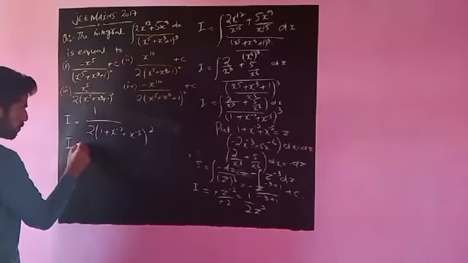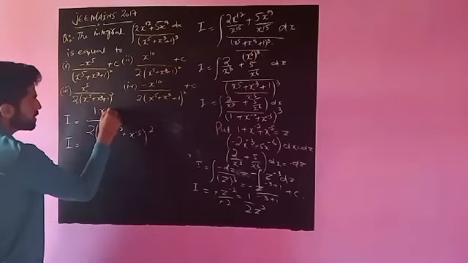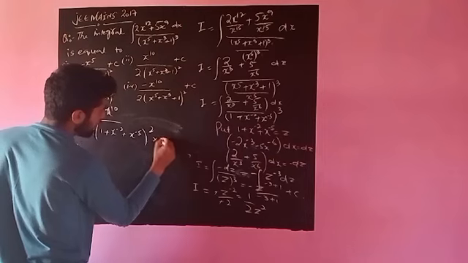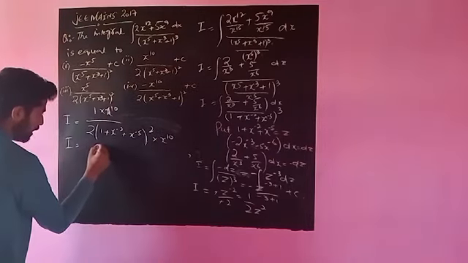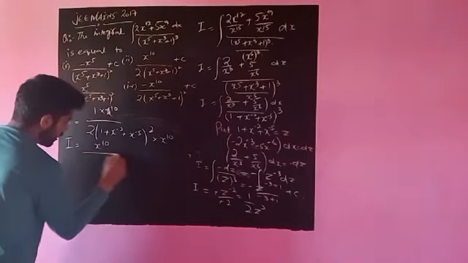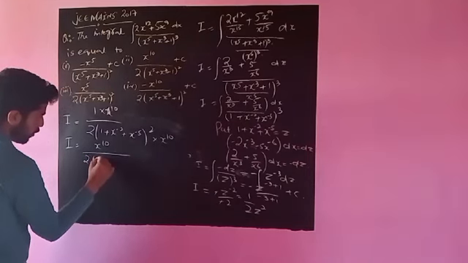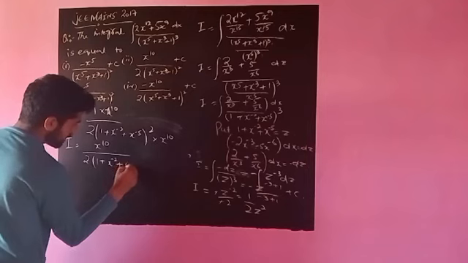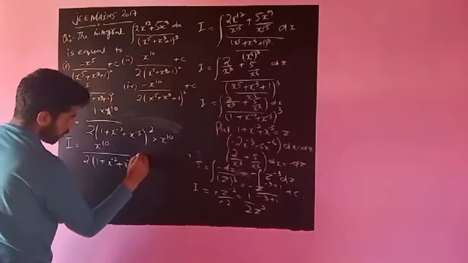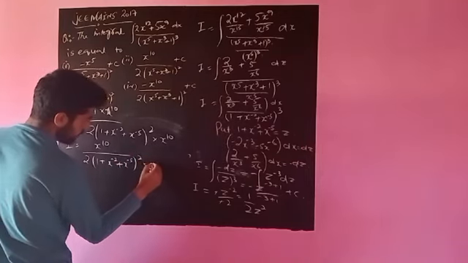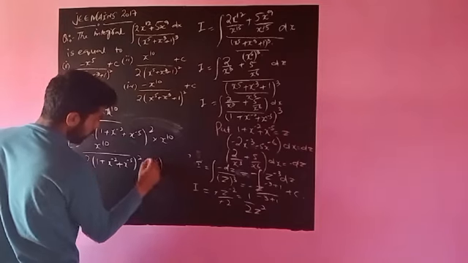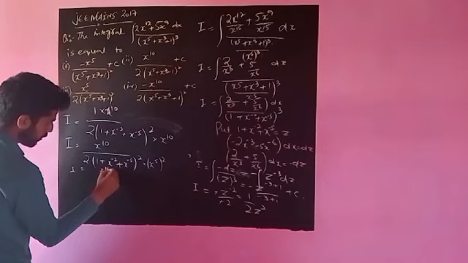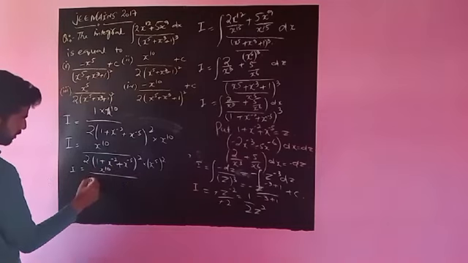If we multiply the numerator by x raised to the power 10 and multiply this term by x raised to the power 10, here this is x raised to the power 10 upon 1 plus x raised to the power minus 2 plus x raised to the power minus 5, whole square. We will write this as x raised to the power 5, whole square. Here the same power is on both the terms.